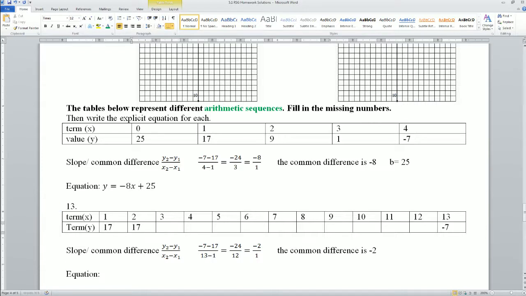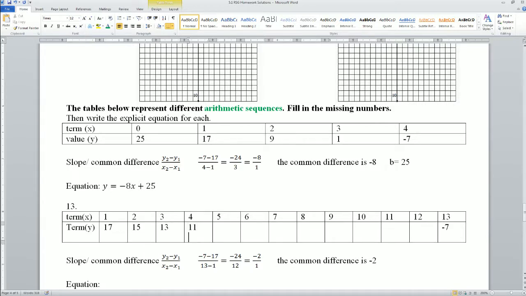So 17 minus 2, that is 15. Then the next one would be 13. The next one would be 11. We keep minusing 2. 9.